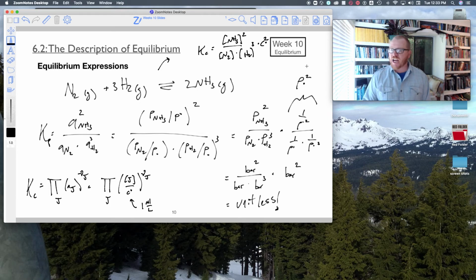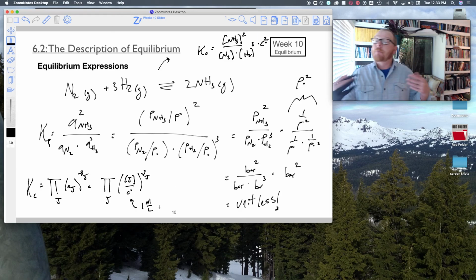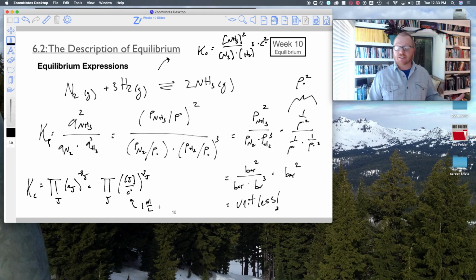And that's not going to change the numbers at all because that's just 1 mole per liter, but it does establish the unitless equilibrium constant in terms of concentrations, okay? So we could spend a whole day going through various examples, but again, I just want to establish what's important, okay?